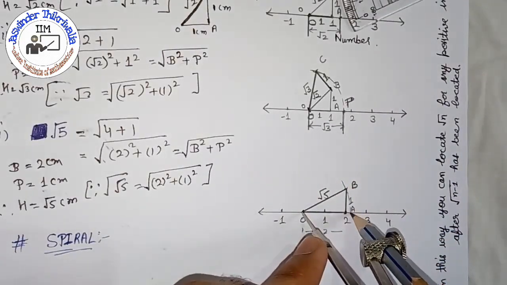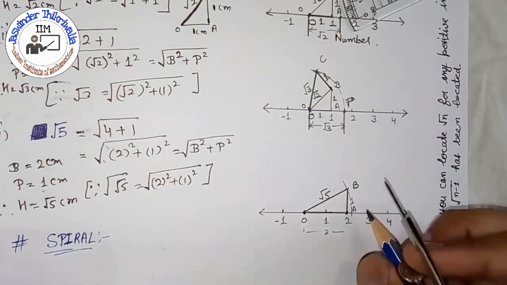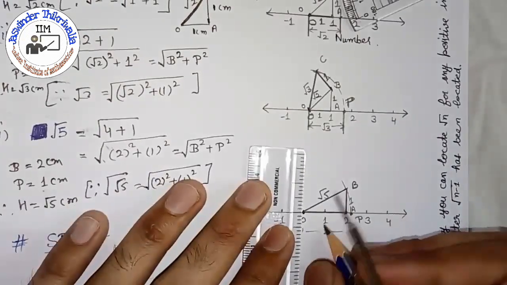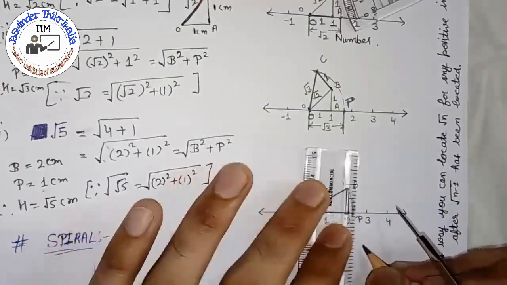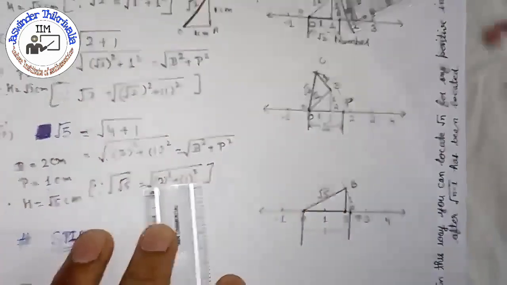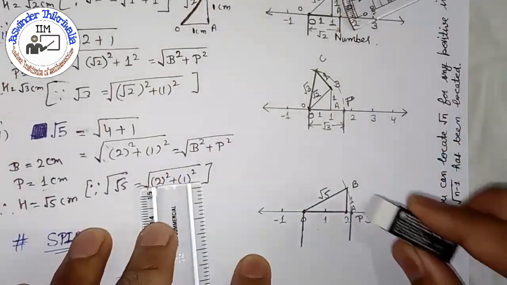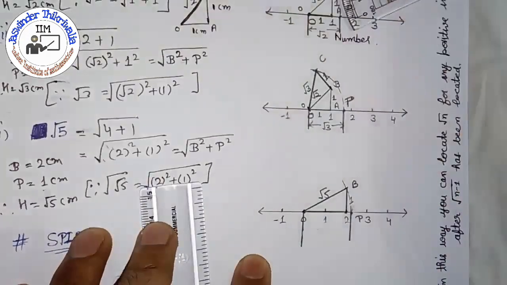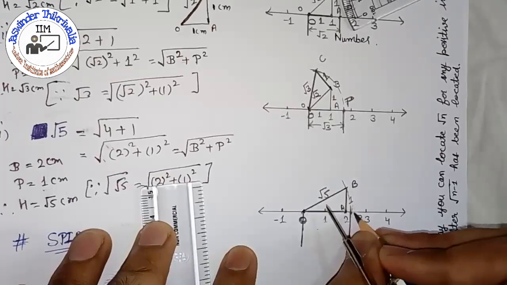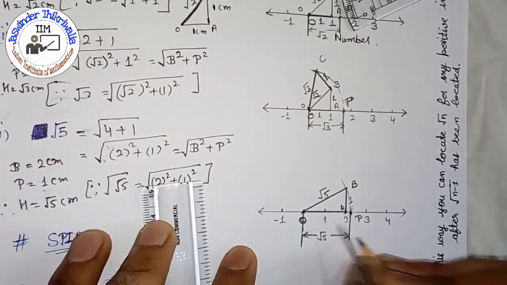That arc will cut the number line at point P. So this point is your P. Now the length from O to P, how much is it? O to A was 2 centimeter only. Now this point is O, this point is B. O to P, how much? It is root 5. I hope I am clear up to here.